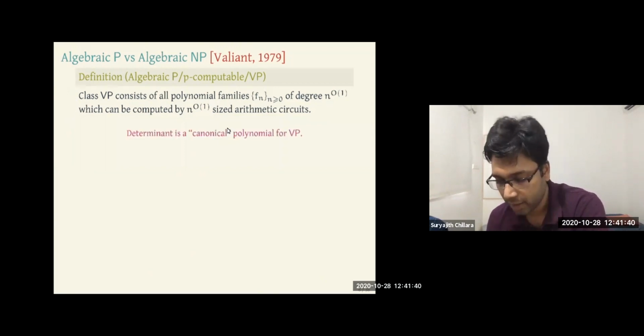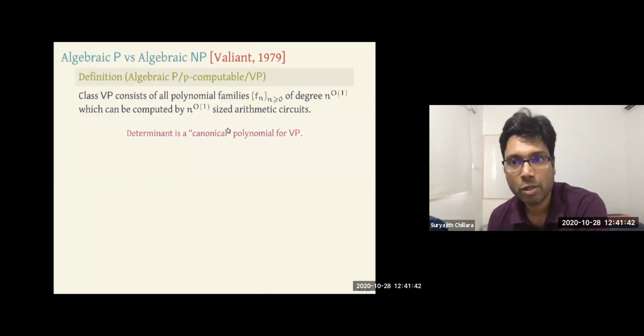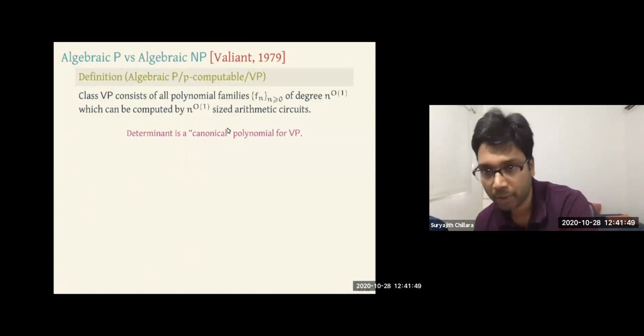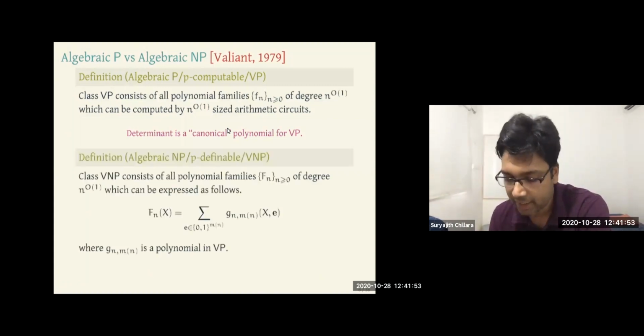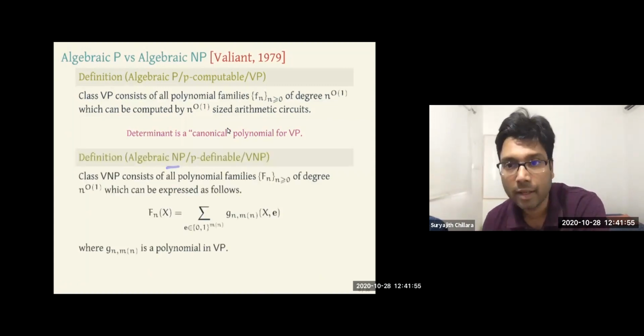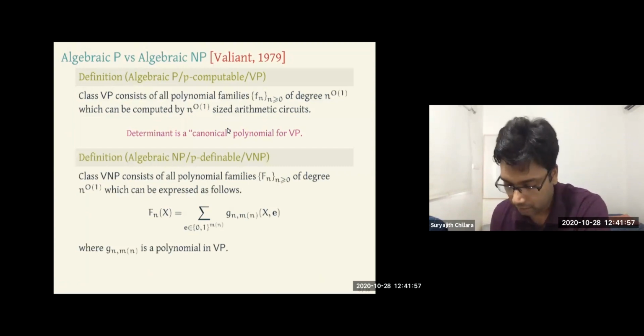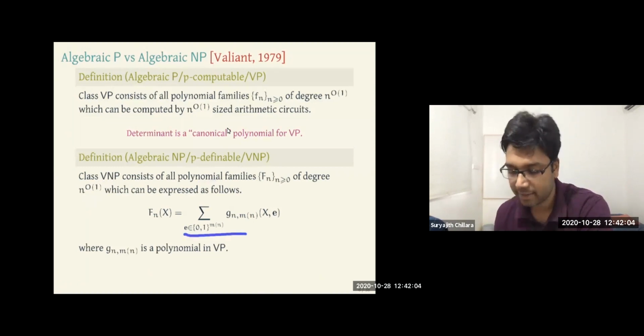So now, if we have a class, we also define a complete problem. So it happens that the determinant is complete for this class of efficiently computable polynomials. Similarly, we can define something called algebraic NP as follows. It's a class of polynomials of bounded degree, which can be expressed as summation or exponential summation of VP polynomials.